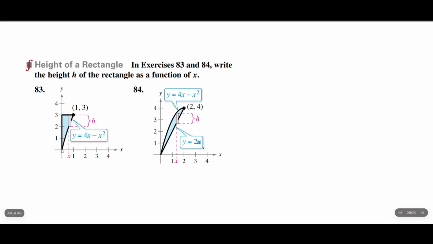Why? Because we are given this point 1 comma 3, so this line right here must be y equals 3. So this is y equals 4x minus x squared, and this is the line y equals 3. It's really nice of Ron and Paul to give you this dashed line here and an x.